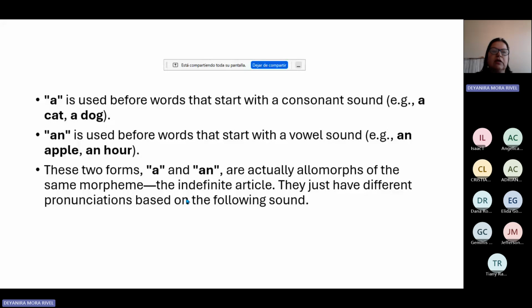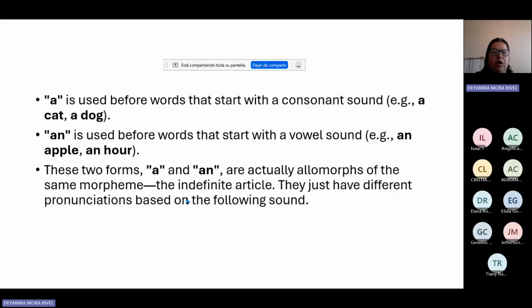There's still an undetermined article, but it changes because of the following sound. So for the undetermined article, we have two allomorphs. Sometimes it's a and sometimes it's an, right?